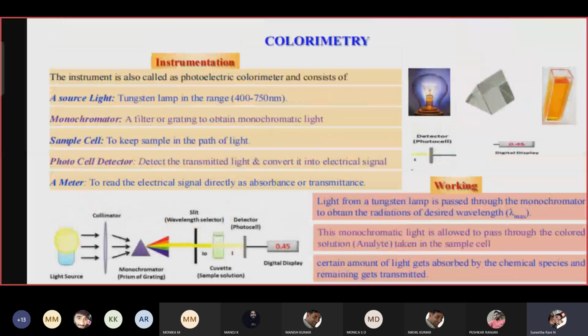That is the display. And this one is the knob. Here is the place to keep the sample holder. And one second, I'll draw. This is the filter, to select the filter. This is the sample holder, this is the knob and this is the display. Exactly everything is inside the instrument.